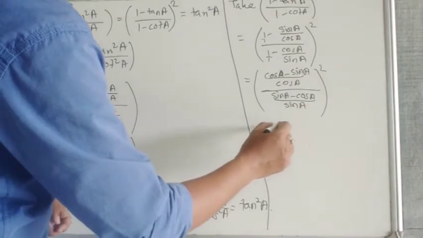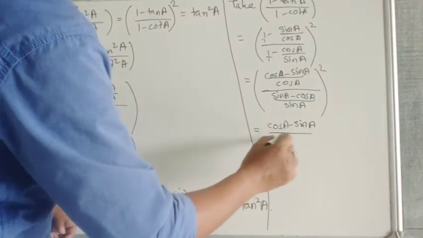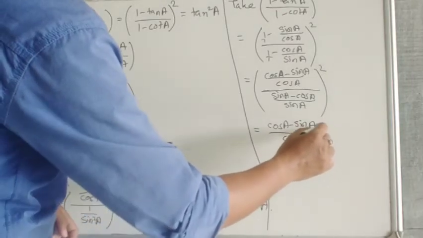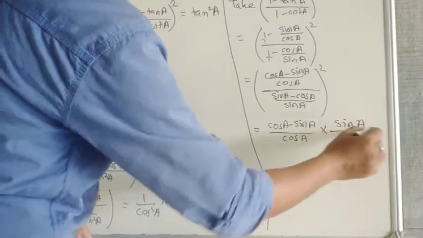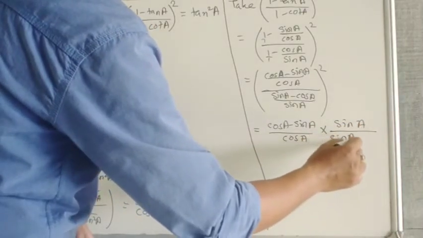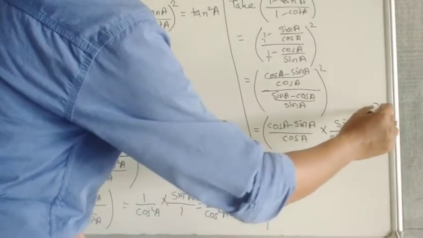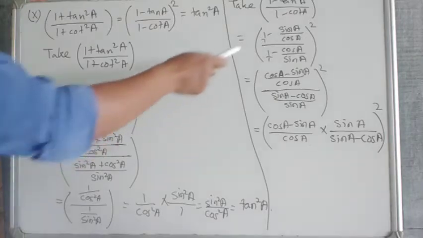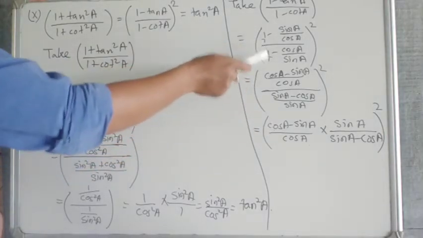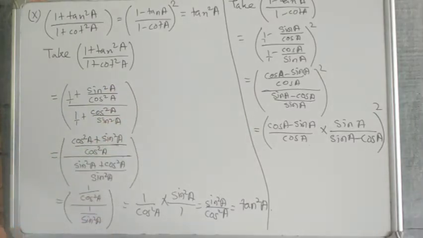It will become (cos A minus sin A) by cos A into, this one gets the reciprocal, sin A by (sin A minus cos A) whole square. Is there any doubt here? From here to here we took the LCM, and from here the LCM to this reciprocal. Any doubt?